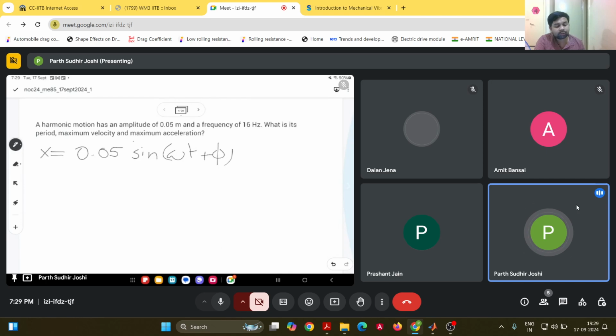So omega is the frequency. It is given that frequency is 16 hertz, so omega will be 2 pi f, which is 32 pi radians per second.